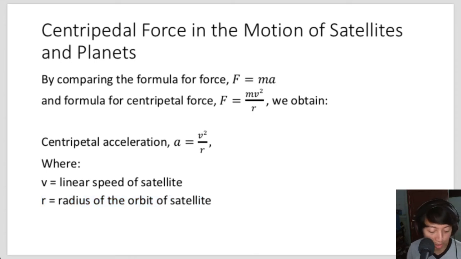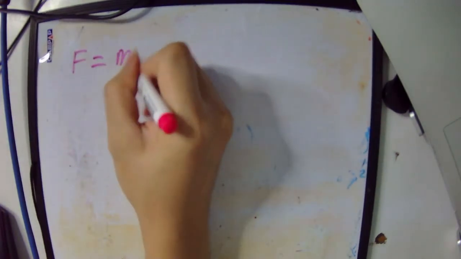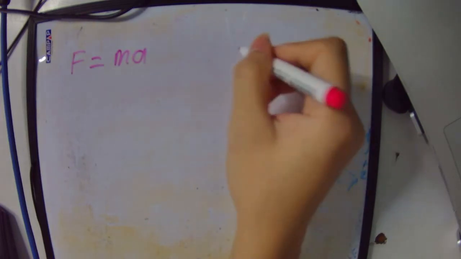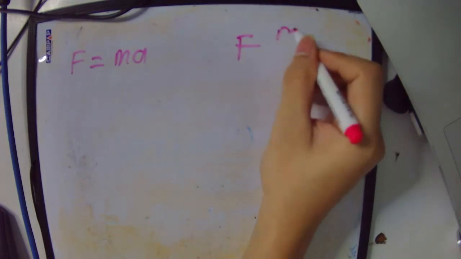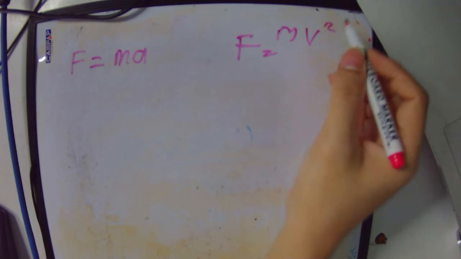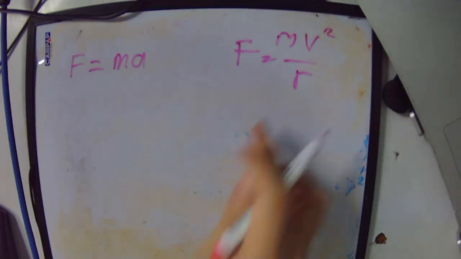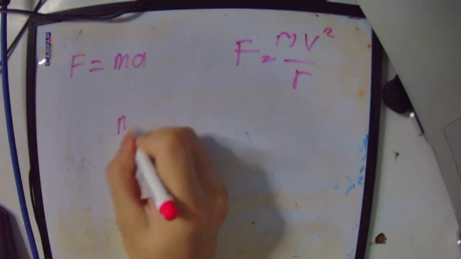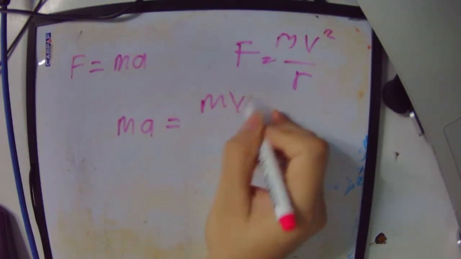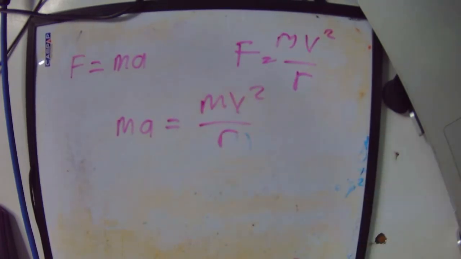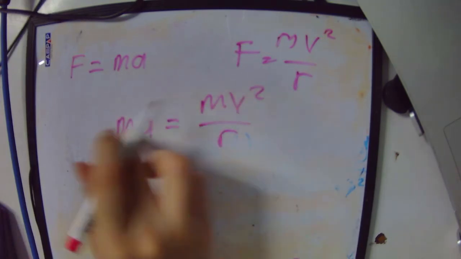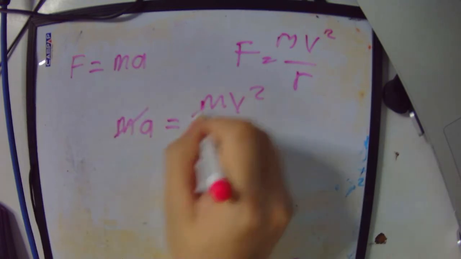Simply by using substitution. So let me just go back to the whiteboard. We are using basically simple substitution. If F equals mass times acceleration, and we also know that F equals mv squared over r, then using substitution, we can say that ma equals mv squared over r, and because there's an m on both sides, we can simplify and just cancel it out.